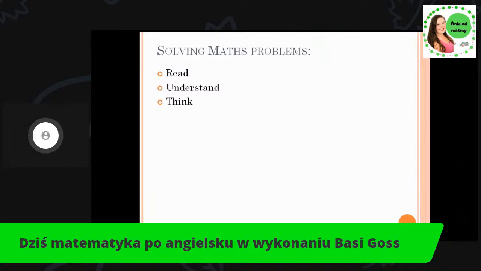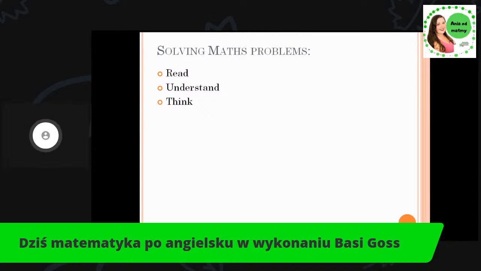And we need to think how we are going to do it. After thinking about the problem for a while, we need to start writing.